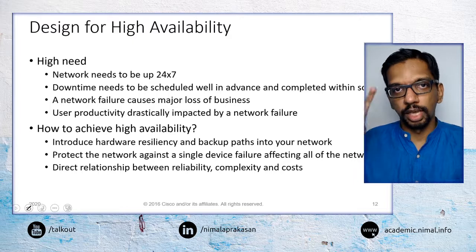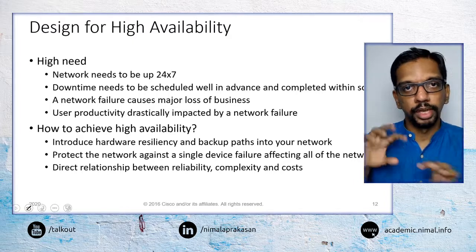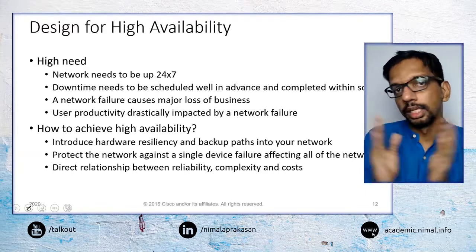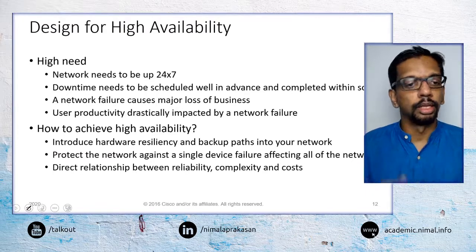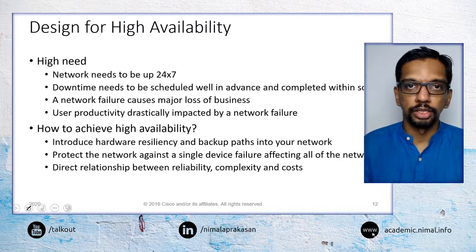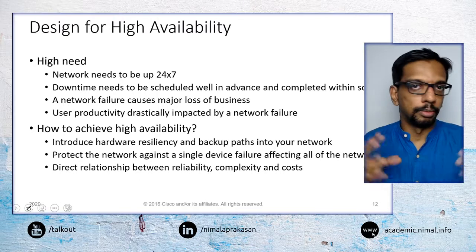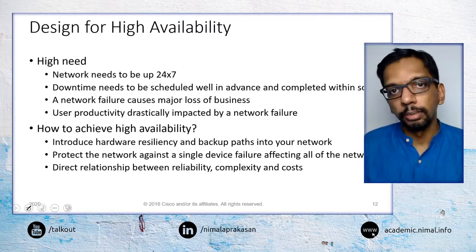So if a router fails, there's a redundant router. Switch fails, there's a redundant switch, and so on. So everything is duplicated, so the network availability can be ensured at a much higher level. So it is all about reliability and managing that according to the business need.